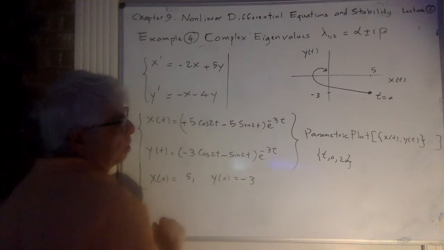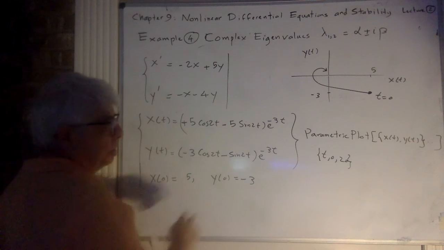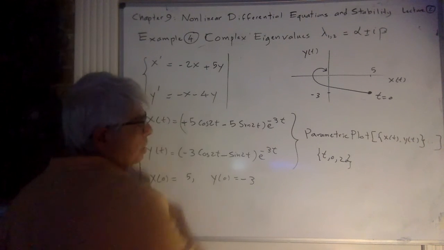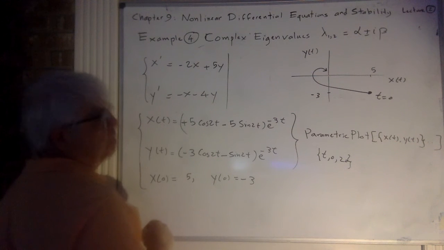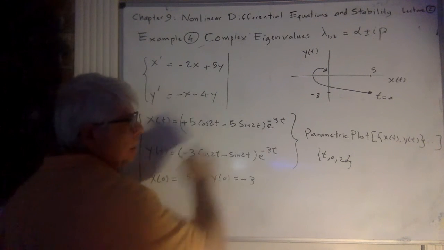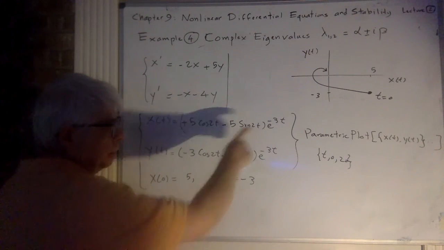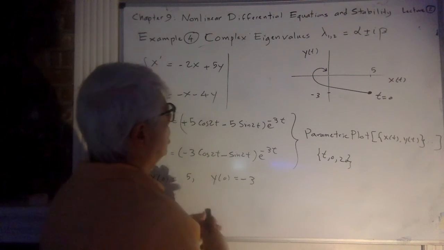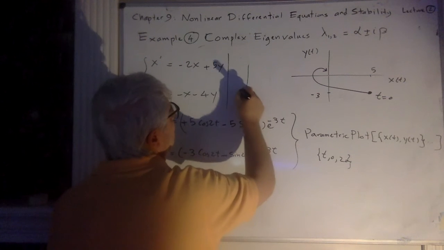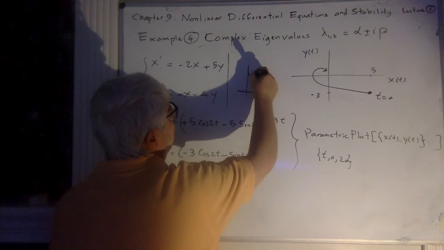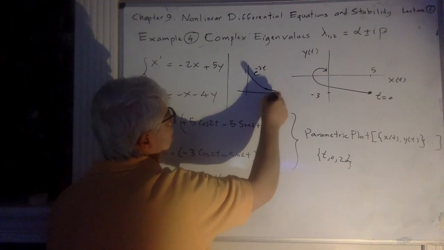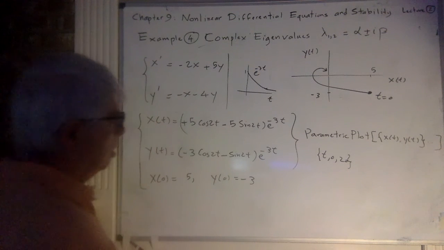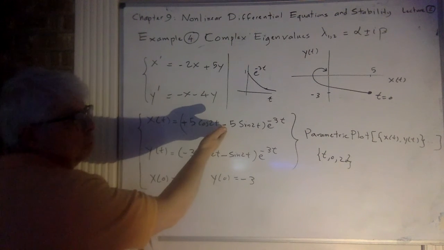This is the thing that contributes to stability. If this is negative, like -3t, then as t gets larger and larger, this goes to 0, right? E to the power -3t starts with 1 and goes to 0, right? And it doesn't matter what this thing is.